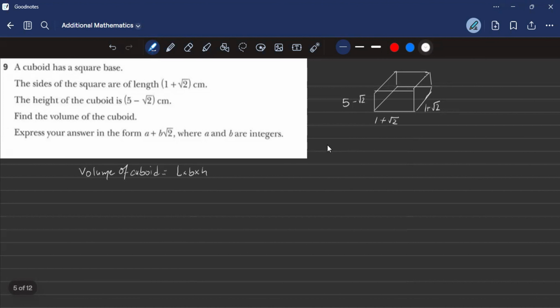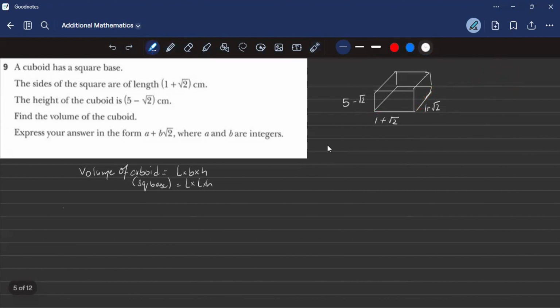When we have a cuboid with a square base, it's length multiplied by height, because length is equal to breadth. This part 1 plus root 2 is equal to this part, because we all know that in a square all sides are equal. So just remember that.